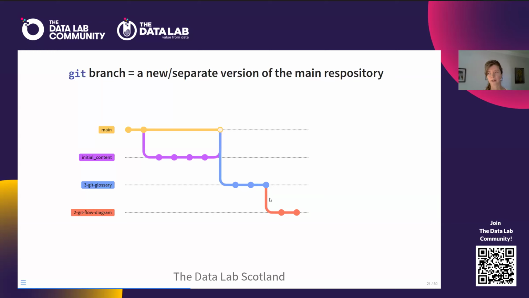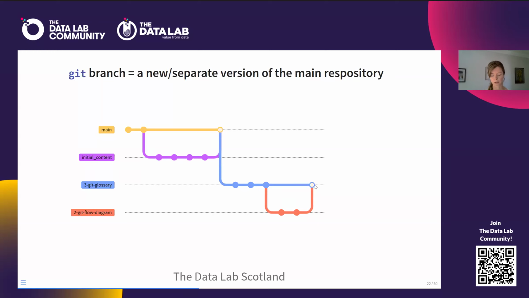Because we're working on separate branches, you don't have to worry about overwriting what someone else is doing because you're working separately. When it comes to resolving any conflicts in the scripts or code, that's when you can resolve those, when you merge them back in together.